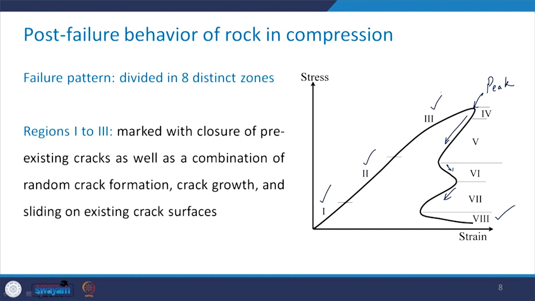So, there is going to be growth of the cracks, and then they will start sliding on the existing crack surfaces. All these phenomena happen during regions 1 to 3. That is, these things are being signified in regions 1, 2 and 3. Please remember that regions 1, 2, 3 are marked with closure of pre-existing cracks plus crack growth, random crack formation and sliding on the existing surface.